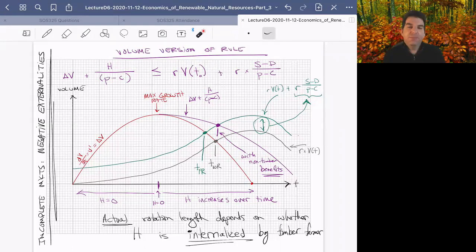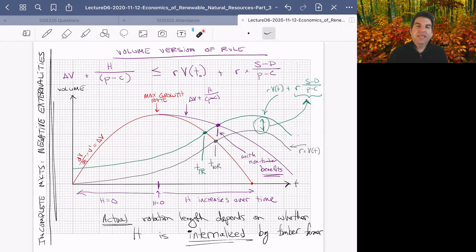And that cost is not felt by the farmer, it's felt by someone else. And that negative externality leads to the farmer cutting early as compared to the socially efficient way to cut. So the socially efficient cut would be to cut later and maintain old growth forest in the large forest stand.